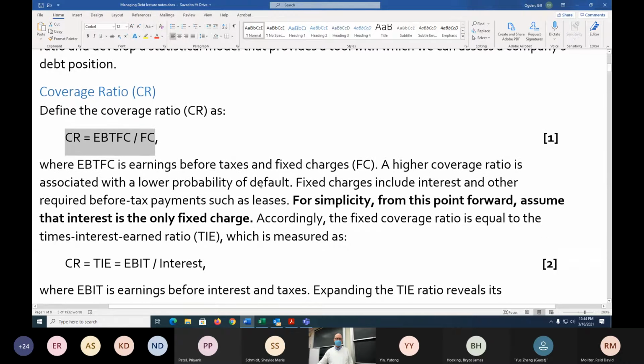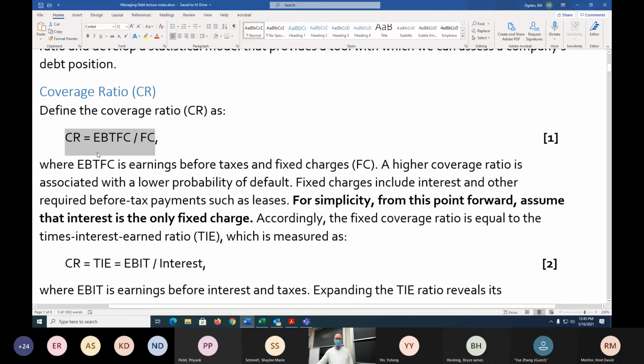We could, for example, throw in leases. So fixed charges include interest and other required before tax payments, such as leases. Okay, but we will not do that. We're going to keep it simple. For simplicity, from this point forward, assume that interest is the only fixed charge.